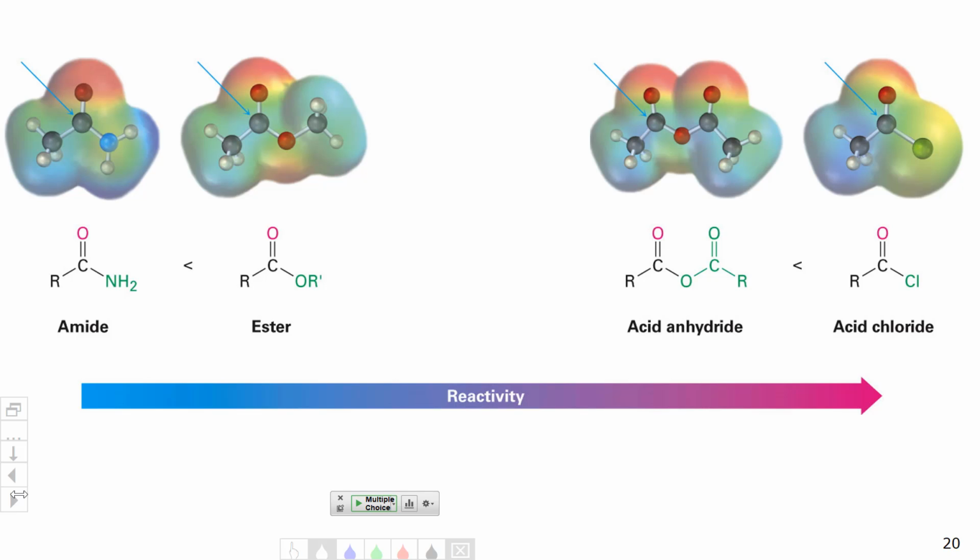Now, here is the electrostatic map of the 4 different acid derivatives and the reactivity chart. As you can see, according to this reactivity chart, this one is the most reactive compared to the least reactive in here.